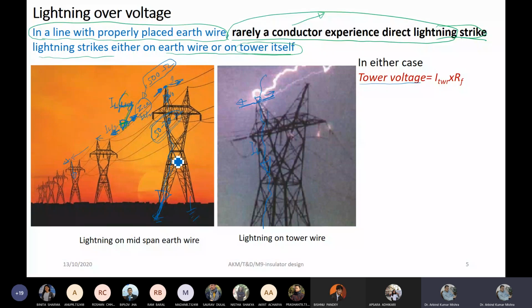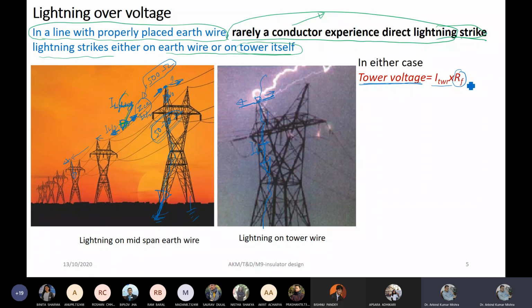Without the lightning current, since the tower is grounded and no current is flowing through it, before the lightning the potential of the whole metallic tower structure is of course zero. But in case of lightning current, the tower voltage is the current flowing through the tower times the resistance of the tower.